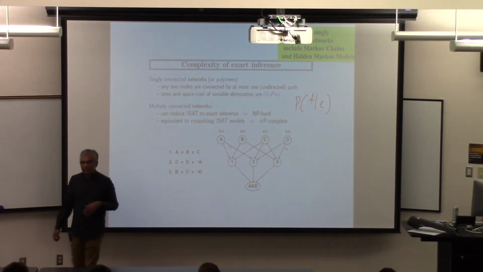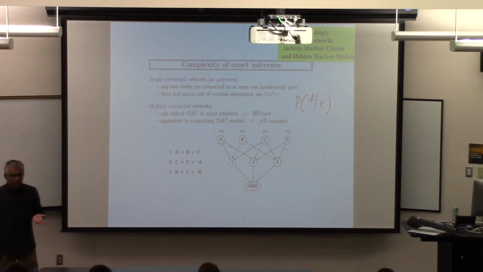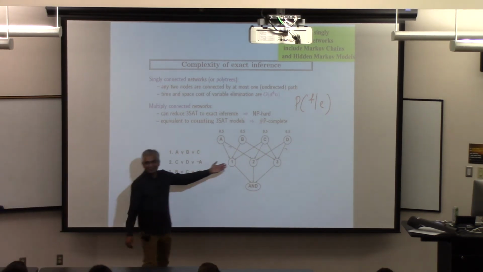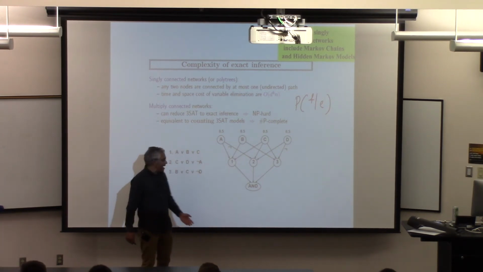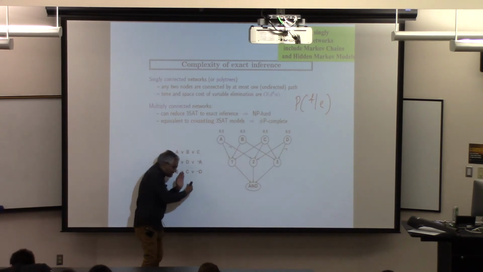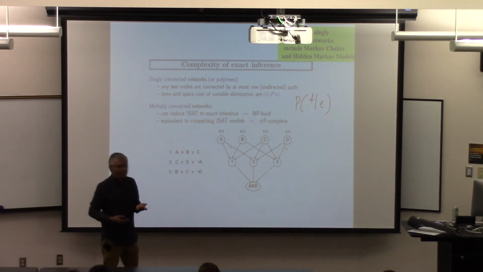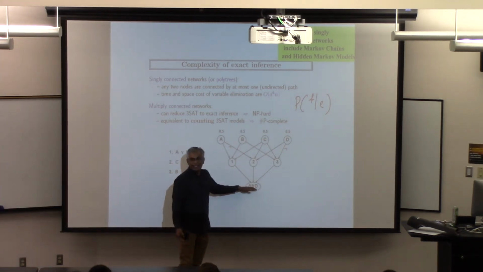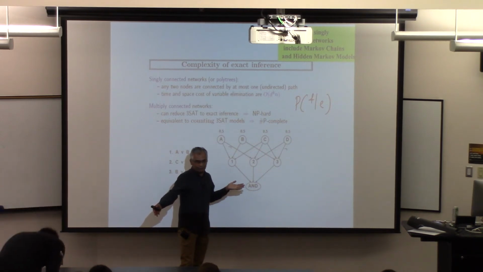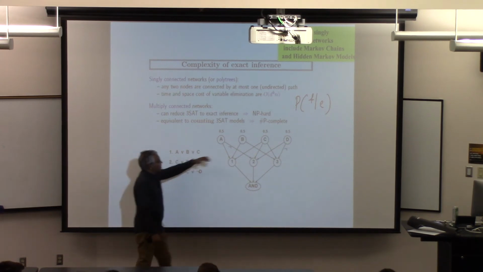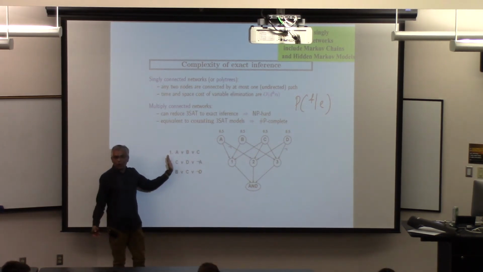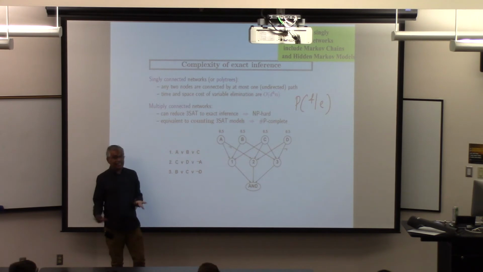And you can convert this 3-SAT problem into a Bayes network, such that whether or not these 3-SAT clauses have a model is connected to whether the AND variable in this Bayes network has true probability. You see what I'm saying? And so that basically tells you that a Bayes network can capture an NP-hard problem, which means it is at least NP-hard.